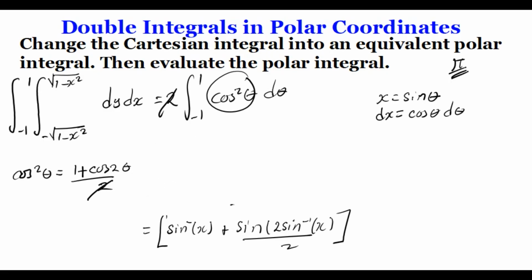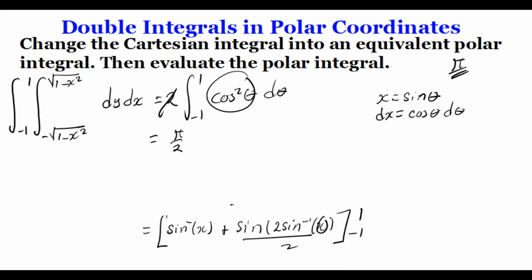Now we can go ahead and evaluate from negative 1 to 1. If you plug in 1 there, if you go to your calculator, sine inverse of 1 is 90 degrees, which is pi over 2. But if you plug in 1 here, sine of 2 sine inverse of x, or in this case 1, that's going to be 0.